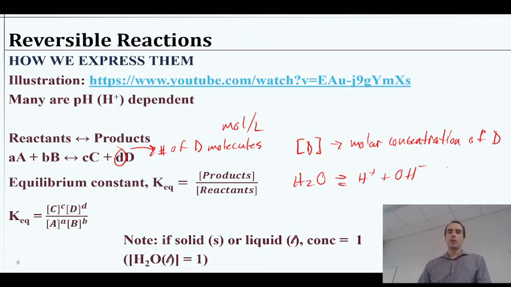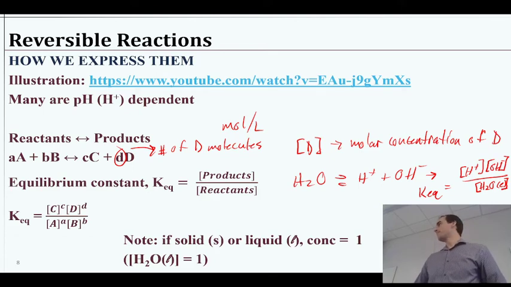But in this case, we could write that as our equilibrium constant for water is equal to H plus times OH minus divided by concentration of water as a liquid. Okay, does that make sense?